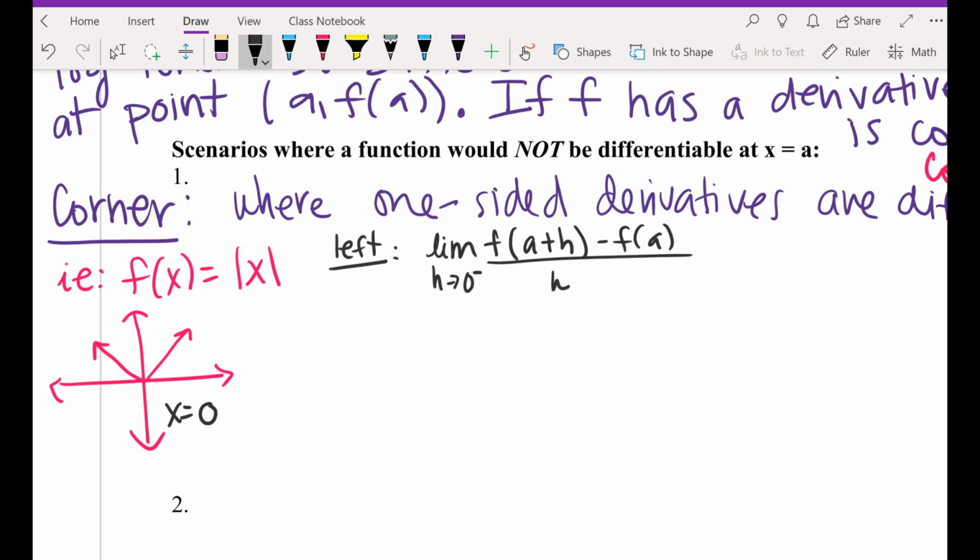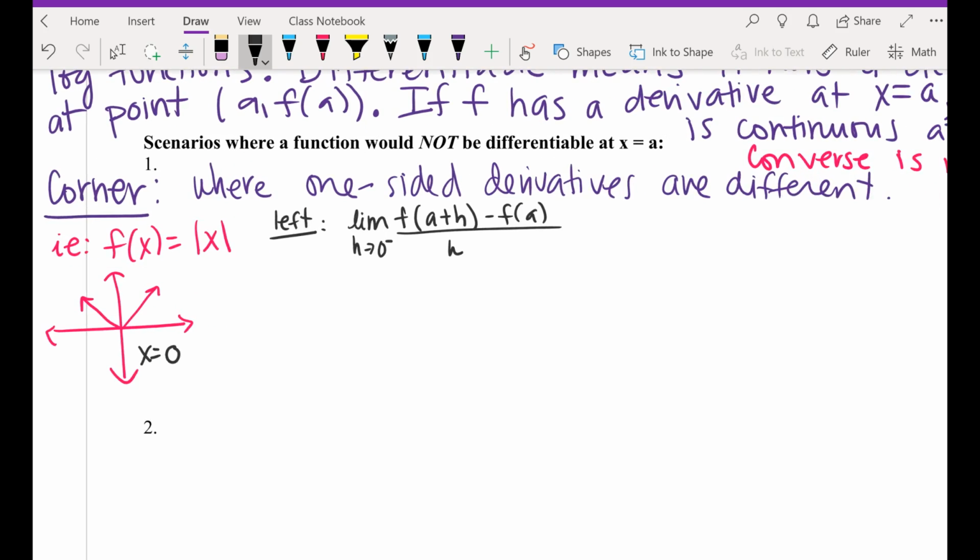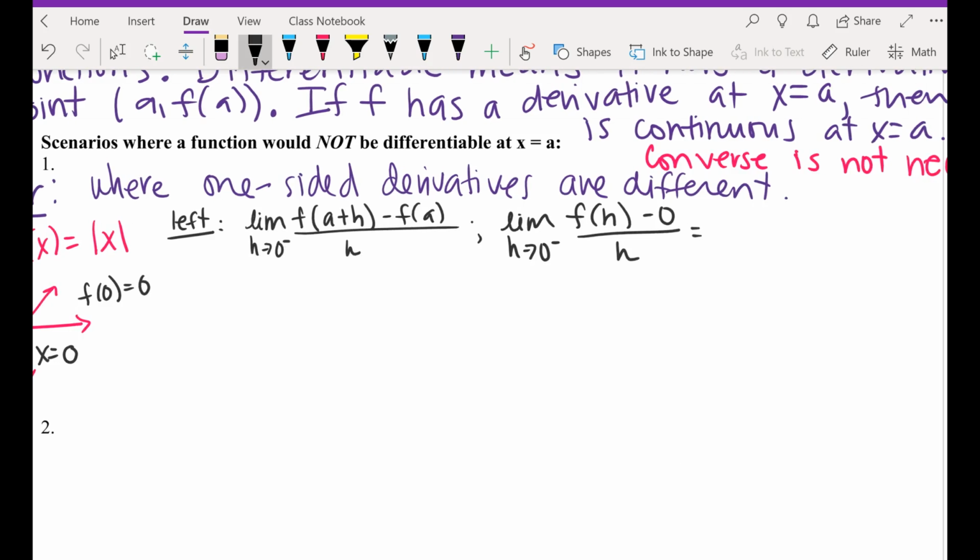What's your a value in this question? 0. What's f of 0? 0. Well, since a is 0, f of a plus h is the same thing as f of h. So that's like f of h minus 0, right? Because f of 0 is 0.